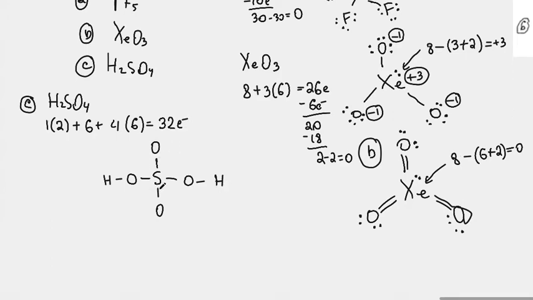Now, let's take away the electrons we already used in bonds. We have 1, 2, 3, 4, 5, 6 bonds. Each one has 2 electrons, so that's 12 electrons that we have used, which means we have 20 electrons left. As always, we take care of the outer elements before we go to the central one.